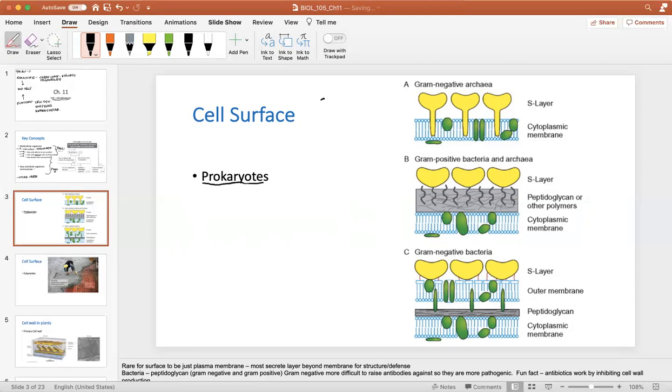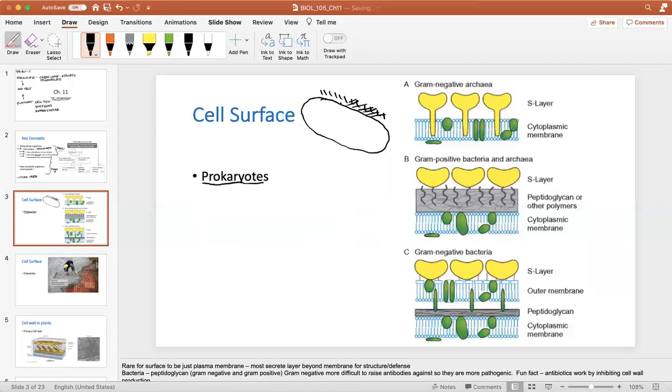But the truth of it is, I'm going to kind of draw for us a bacterium here. And so we have a plasma membrane, and we kind of think of that as being the boundary of the cell. But it's actually pretty rare for the surface to be just a plasma membrane. There's usually some kind of layer secreted around that membrane, and I'm just going to make hash marks.